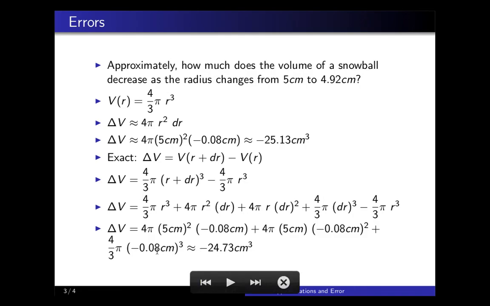The next term that we have is a 0.08 cubed, which is very, very, very small. So effectively we're just saying, we can ignore these two terms that change things a little bit, but not that much. So if we just ignored these two terms, we get exactly what we started with. So we get our derivative times our change in the radius in this case.